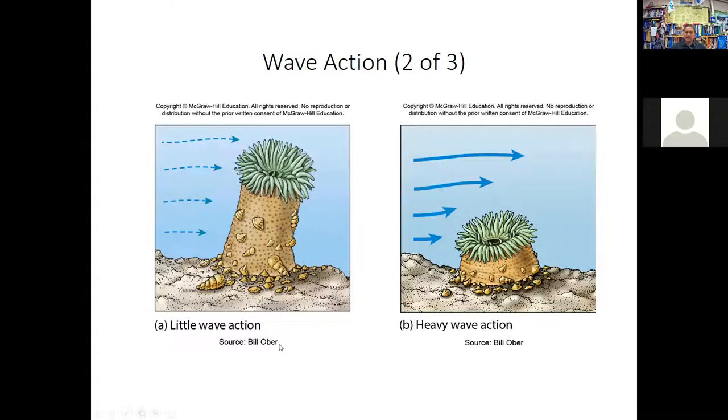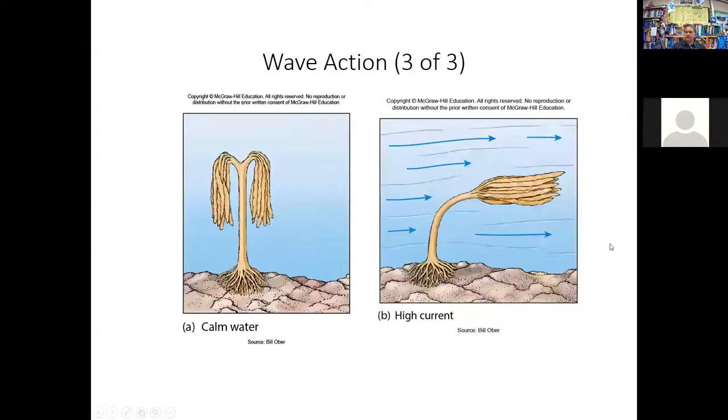Well, look at this one. There's a sea anemone that's able to crouch down, if you will, when there's heavy wave action. There are mussels, which are clam-like organisms, and those have special threads called byssal threads, which allow the mussel to attach to substrate, hopefully rocky.